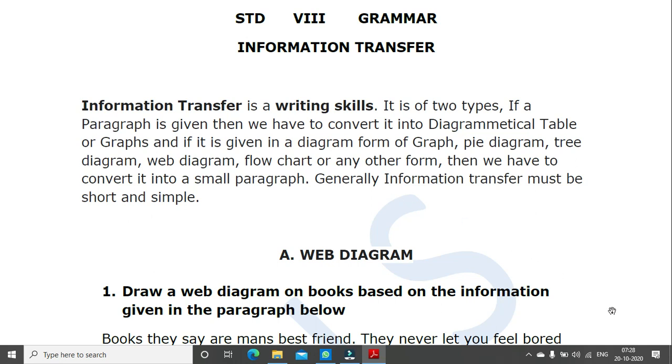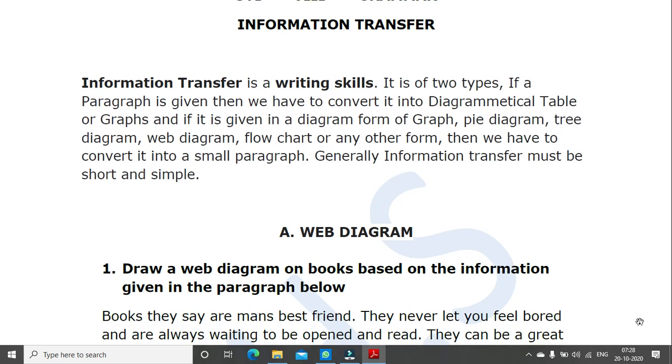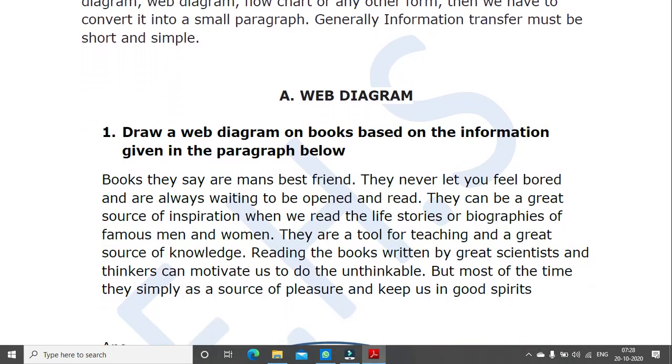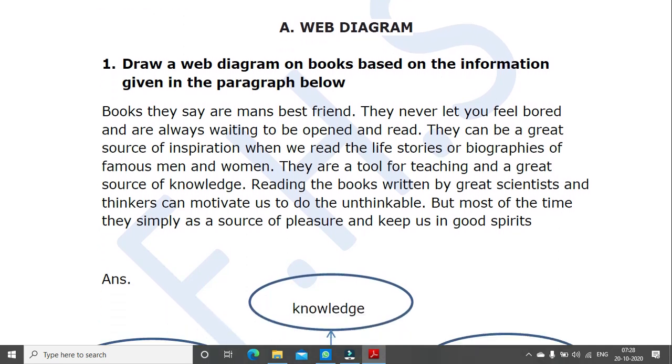Now let's see what a web diagram is. You'll know what a web diagram is because you'll have done it many times when I'm doing your comprehension. Say the qualities of a good person will be in the center, and then around it you will have the good qualities like being honest, being hardworking, being sincere. So it looks like a web. That's why it's called a web diagram.